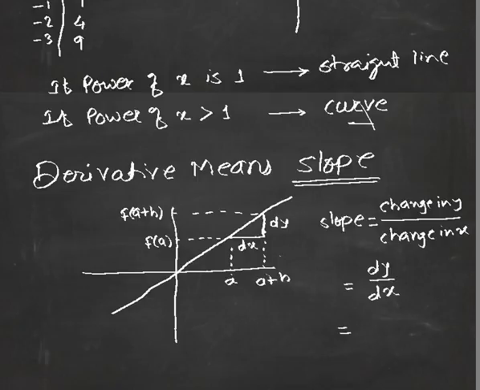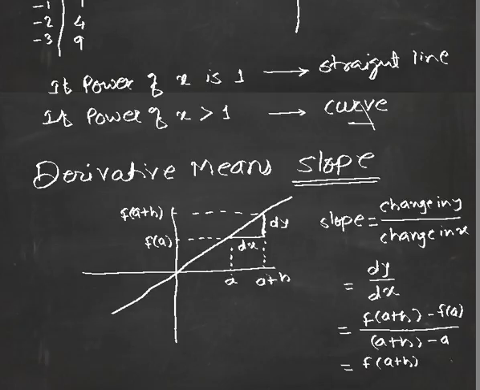So dy will be function of a plus h minus function of a, and in the denominator it will be a plus h minus a, or simply it will be function of a plus h minus function of a upon h.